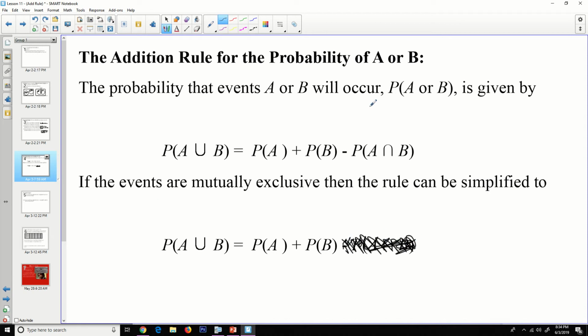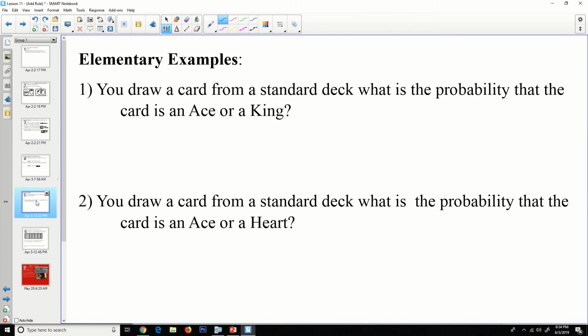Okay, so what does that mean in an example? If you draw a card from a standard deck, what is the probability that the card is an ace or a king? Well, we've already determined that these are mutually exclusive events. So the probability of an ace or king means there are 4 out of 52 aces plus 4 out of 52 kings, giving me 8 out of 52.